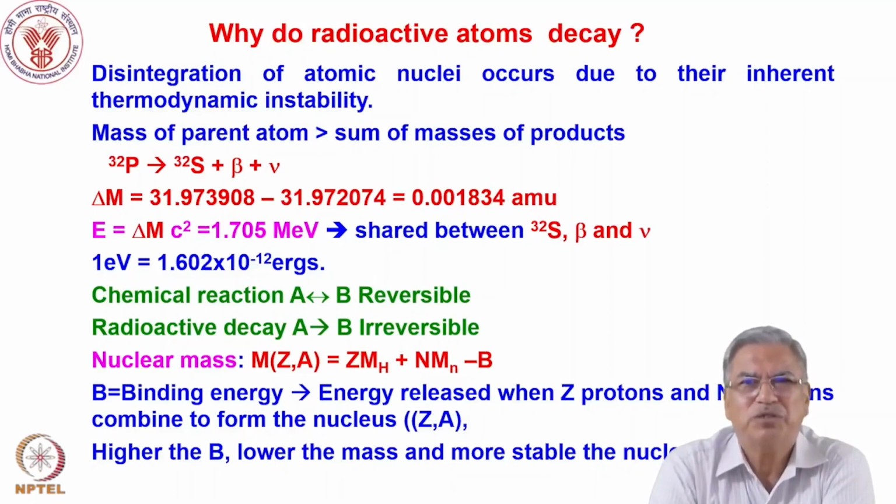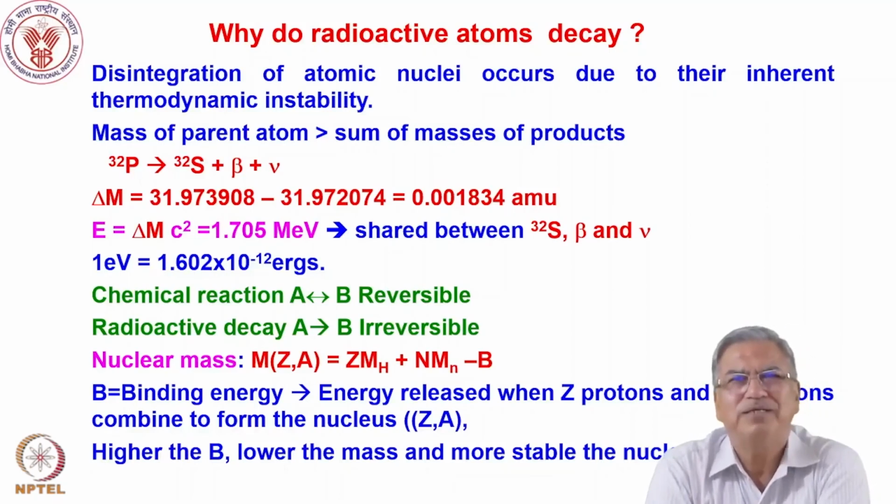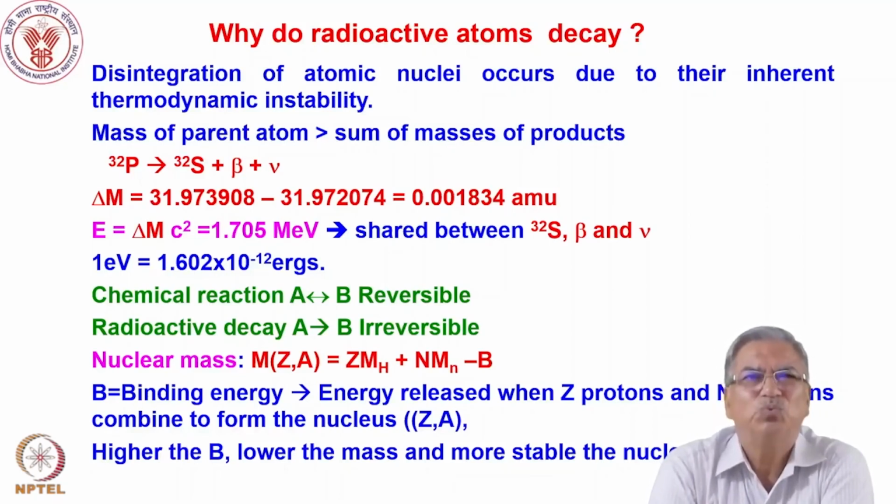Then because of the thermodynamic instability of the atom, the nucleus having higher mass will decay to that having the lower mass. Just for example, the phosphorus-32 emits a beta decay to sulfur-32. Now, if you calculate the masses of these isotopes, the mass of phosphorus-32 in atomic mass unit is 31.973908.